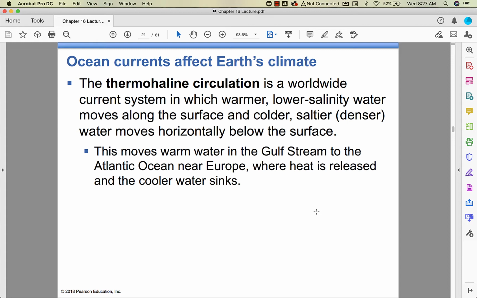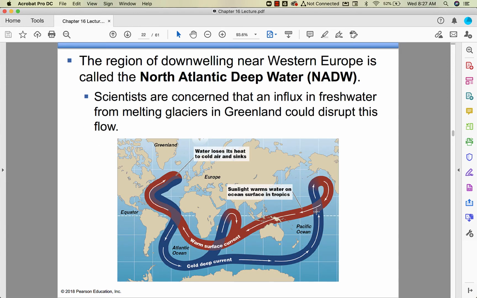And it creates a conveyor belt type movement that really is responsible for regulating a lot of the surface temperatures of the Earth. We're going to talk a lot about this. I'm going to explain it here, and we're going to go back and explain it again.